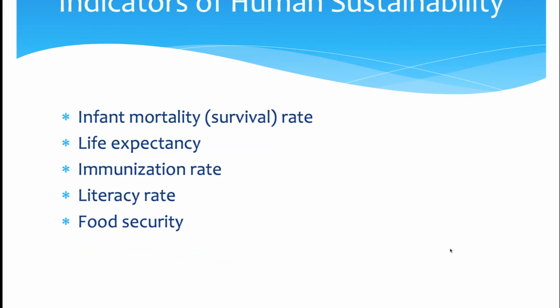Other indicators of human sustainability that we could look at include infant mortality or survival rate, life expectancy, immunization rate, literacy rate, food security. These are some of the indicators that we'll be looking at across the semester to think about how sustainable different communities and cultures, societies are.